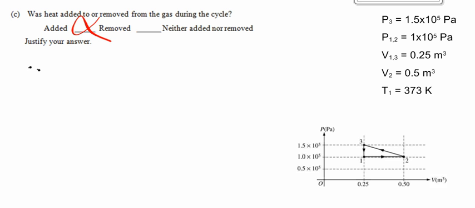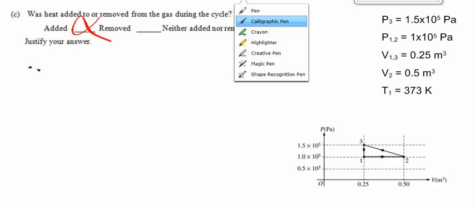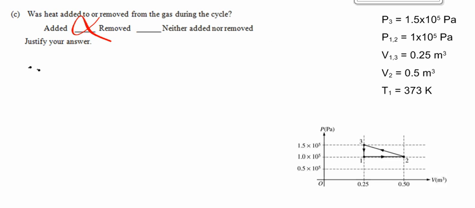Now, the shortcut, the tip, is what I mentioned in another problem. If you look at the bottom right of the triangle here, this area right here is the whole thing, and you have to subtract this area, and what you're left with is just the amount of work done.